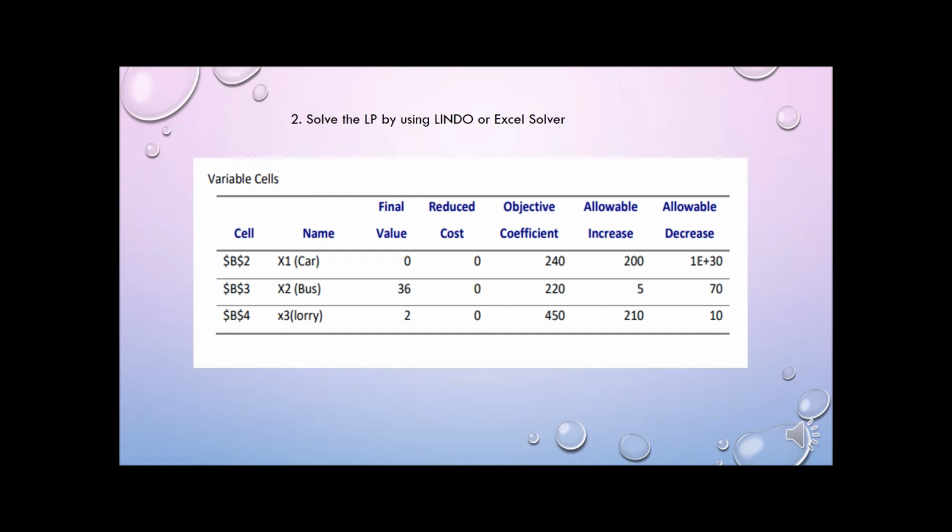We can see the allowable increase 200 for X1, X2 5, X3 210. Allowable decrease 1E plus 30 and X2 70, X3 10.